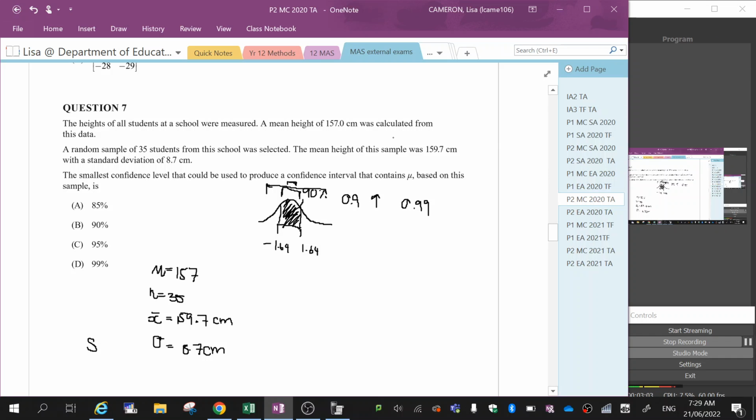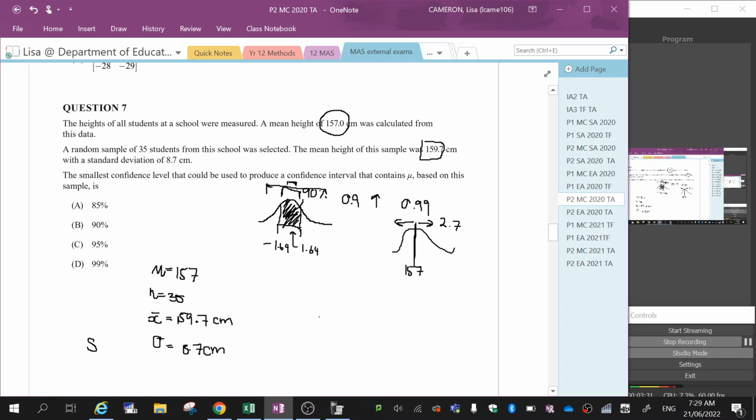if I want to make sure that this value is included, that means I want it to be in this bar. Okay, now it could be a little in the, well, actually, if it's the mean, it is dead center. So 157. If the mean height of the sample was this, then we're saying that we can deviate left or right by 2.7 scores. Okay, because the difference between these 2 numbers is 2.7.